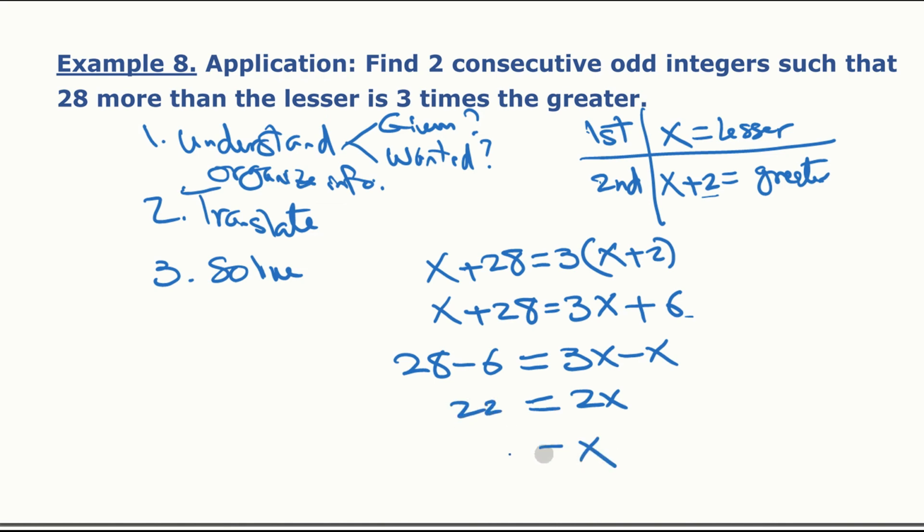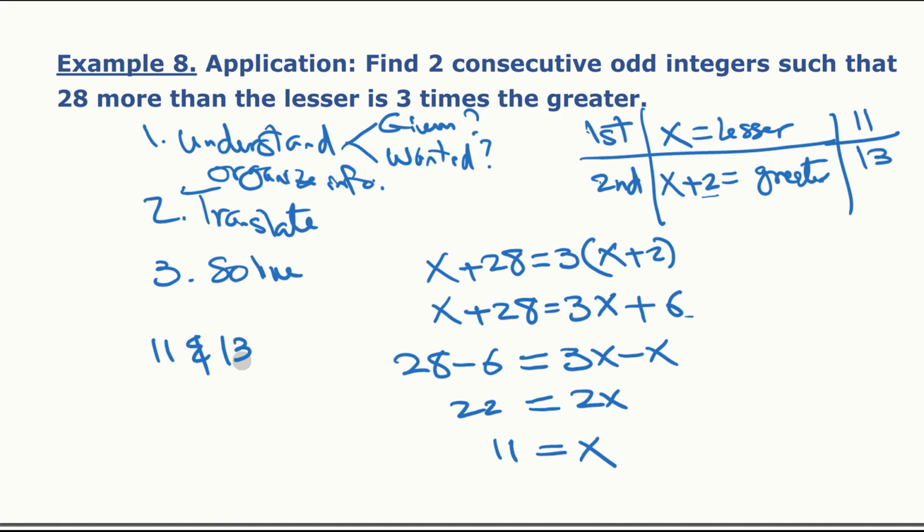So x equals 11. The nice thing about this table is I can bring the 11 in and say, okay, that's x, so the next one will be 2 more than that, so it'll be 13. So the numbers we're looking for are 11 and 13.